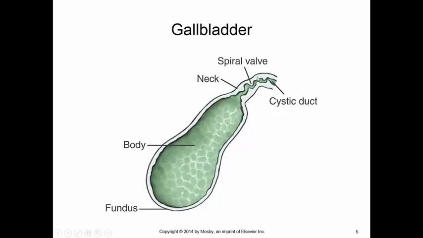They don't want the cystic duct getting too big. They don't want the cystic duct getting too small. The normal gallbladder is 7 to 10 centimeters long and approximately 3 centimeters wide. It generally holds between 30 and 40 milliliters of bile. Now remember, the liver produces between 800 and 1,000 milliliters of bile every day.